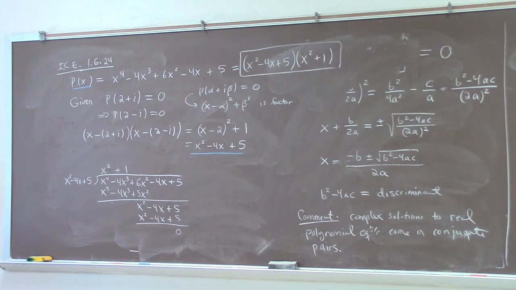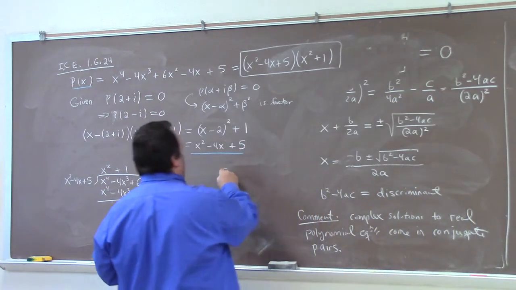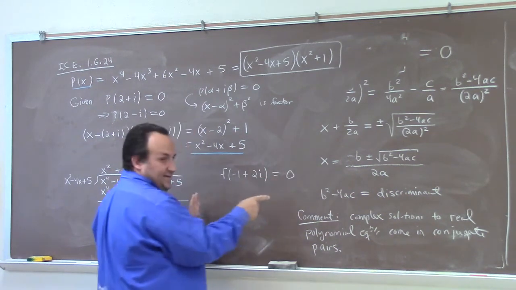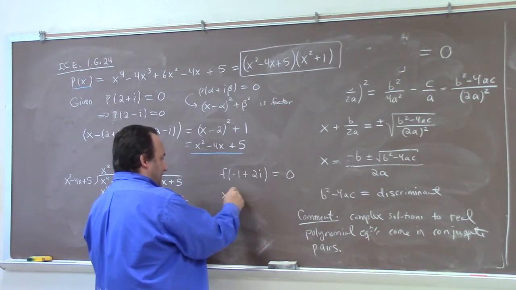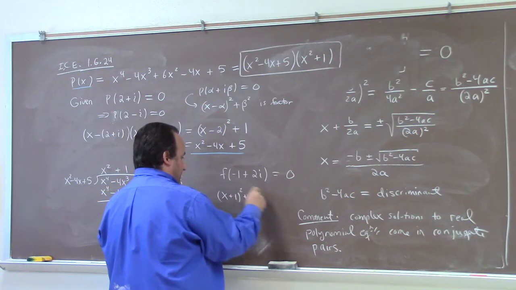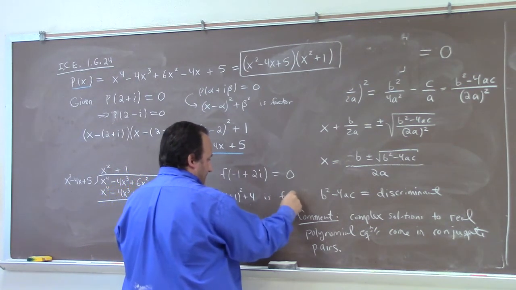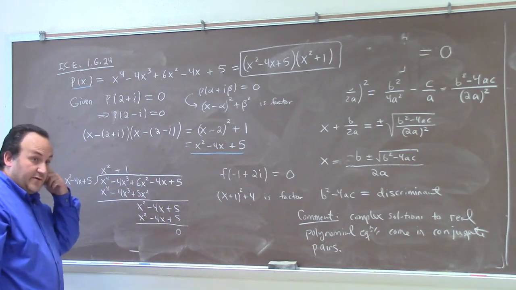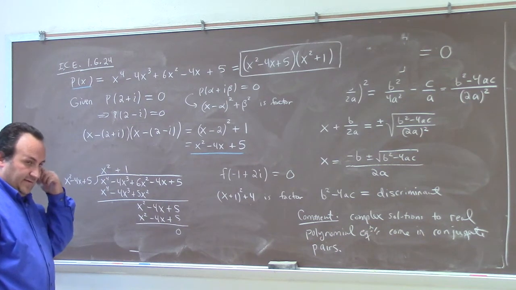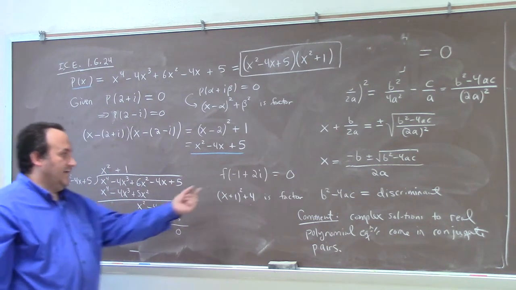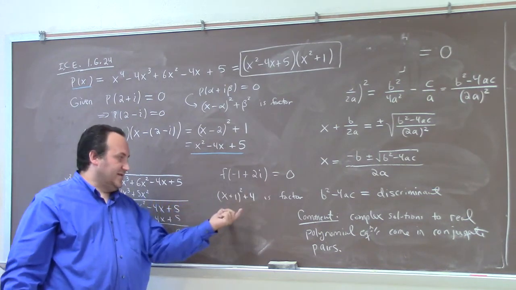So this is basically the idea: if I tell you something like f of minus 1 plus 2i is equal to 0, that is a hint that x plus 1 squared plus 4 is a factor. That may or may not be something that was ever emphasized to you before. I suspect I'm teaching you guys that here. It's probably not something you saw before. So a complex 0 implies a quadratic factor.